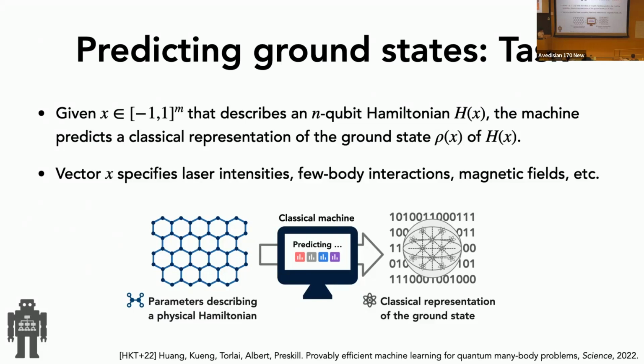Think of x as specifying, say, the laser intensity or the magnetic field applied onto the system, or x describes the few-body interactions, etc. The goal is that given a vector x that describes a Hamiltonian h of x, we want to predict the ground state for that Hamiltonian.